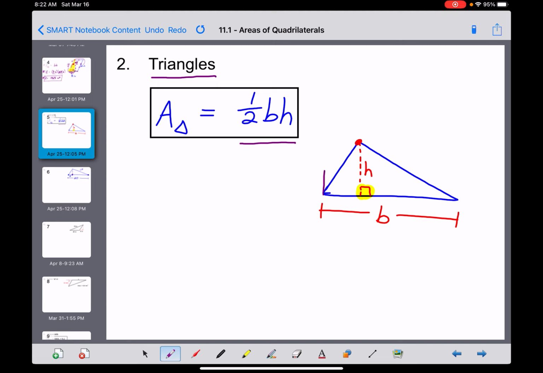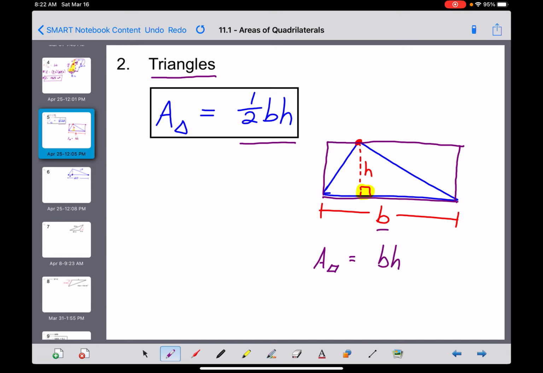Now, I don't think you guys want to put this in your notes, but real quickly, if I were to draw a box, a rectangle, effectively, around this triangle, you'll notice that I've just drawn a rectangle here with a base of, well, B, same as the base of the triangle, and a height of H. And so the area of the parallelogram, we just got done talking about this, is the product of base times height.